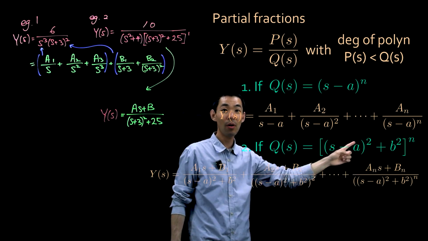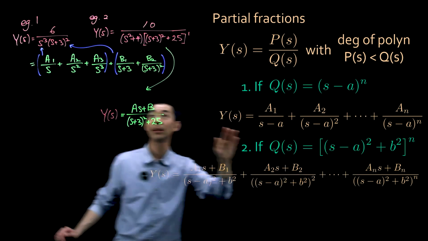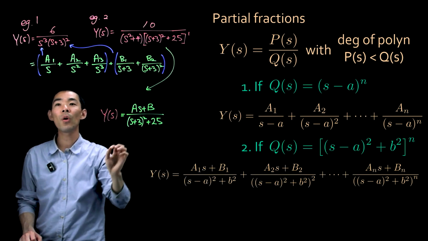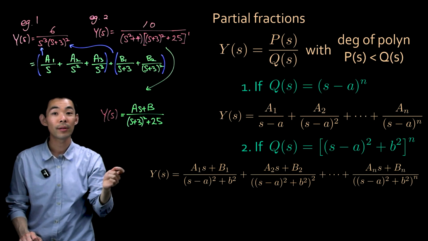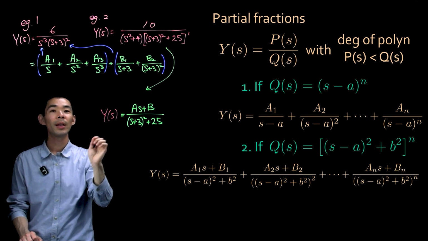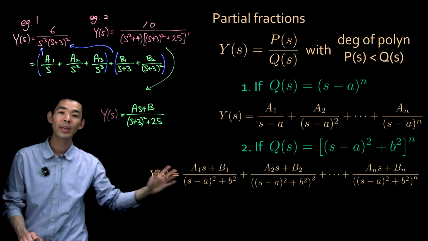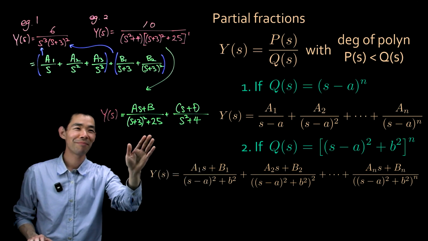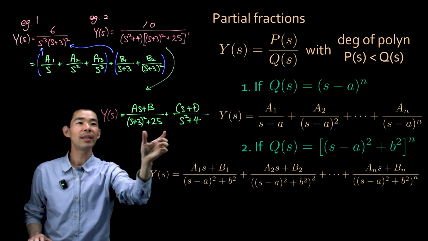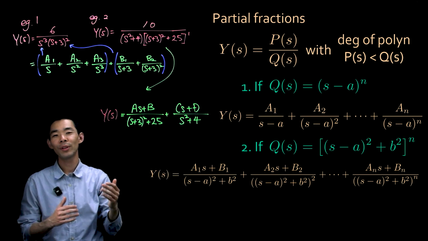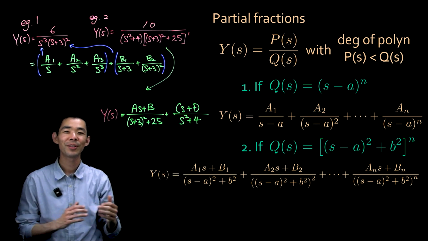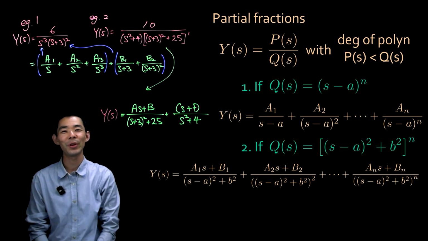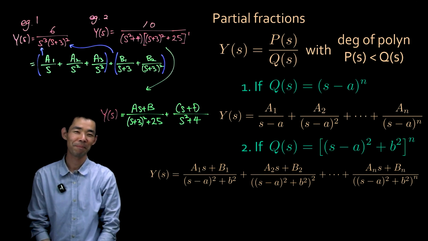If a is 0, then we just have s squared plus 4, which is 2 squared. So b is equal to 2, and a is equal to 0, but it's still case 2 on the bottom. So let's write that down too. Just like that. So you'd have a sum of these 2 terms that you would guess in your partial fractions to make progress on your route to inversion back to the real domain.